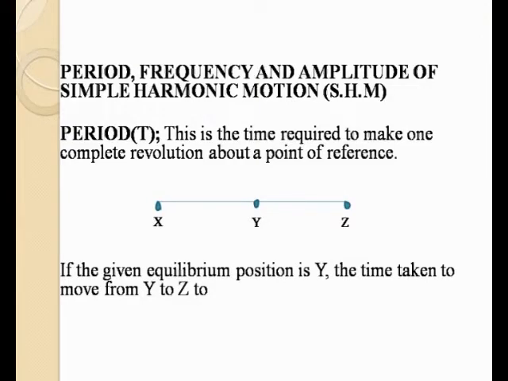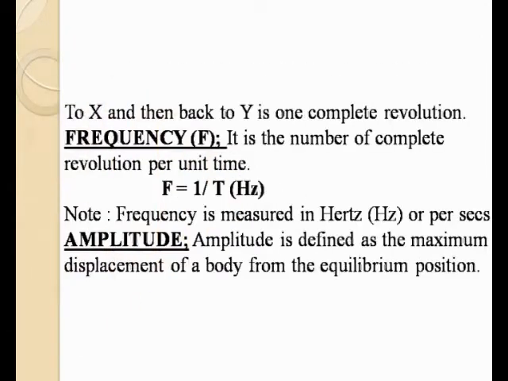We have frequency. Frequency is the number of complete revolutions. Are you seeing it? They are all somehow related. Period is the time required to make one complete revolution, while frequency is the number of complete revolutions you make.